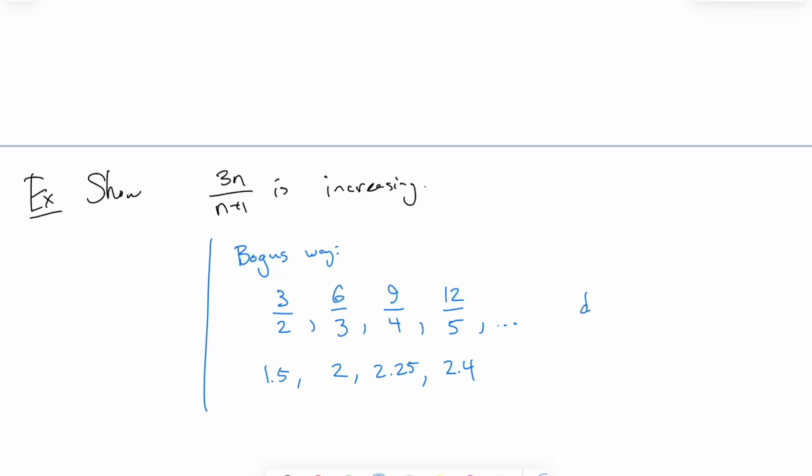So this doesn't actually demonstrate it for all the terms. It doesn't demonstrate it for every term. It's just the ones that you decided to write down, and that is not good enough. You need to demonstrate that this thing is increasing for all of the terms, all right?